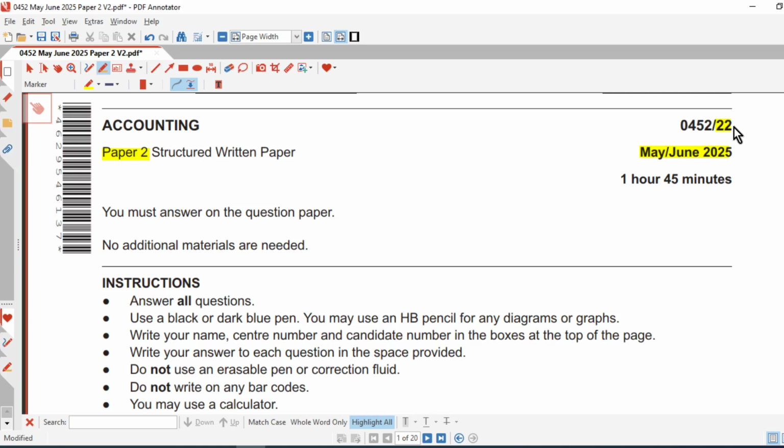Now, I hope those of you who sat for this paper have done well, right? I hope it was as easy for you as it is for me. Overall, I will rank this paper at a level 2 difficulty out of 5. It's not a very tough paper, in fact.